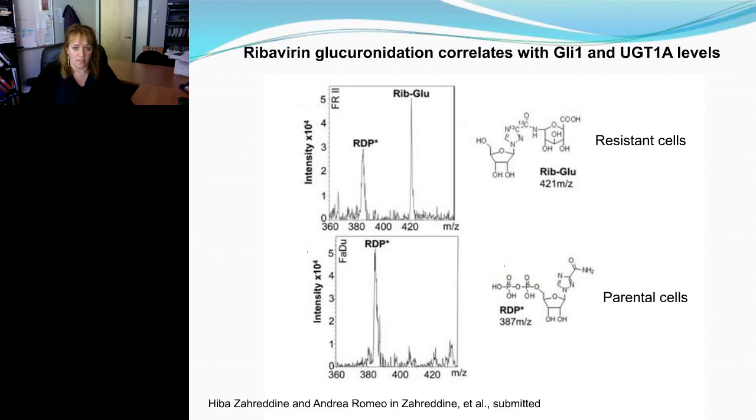And in the resistant cells, we also saw the ribavirin glucuronide. And we can establish that it's glucuronidated at the carboxyamide of the triazole ring using the collision-induced fragmentation techniques of MS/MS. What you'll notice is that the same peak is not present in the parental cells, indicating that this is specific to the resistant cells.